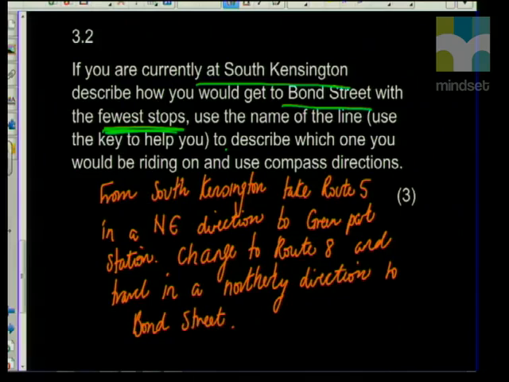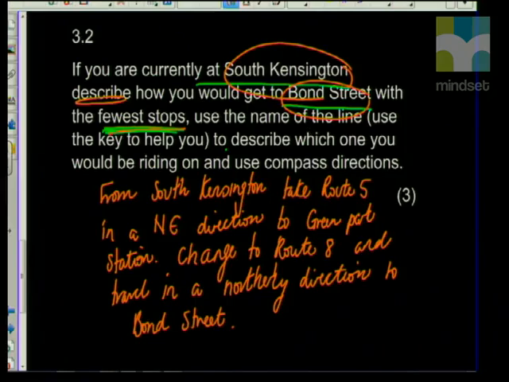I think it's always very important to make sure that you have identified these places before you even start, and also read the instructions and make sure at the end of it that you actually are doing what they've asked you. So they've said, can you describe how to get from South Kensington to Bond Street with the fewest stops, and name the line that you would be using and refer to compass directions.